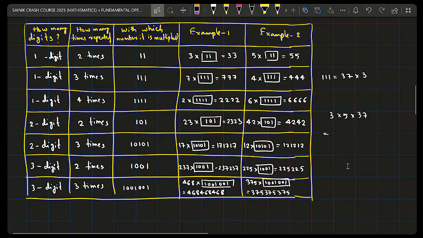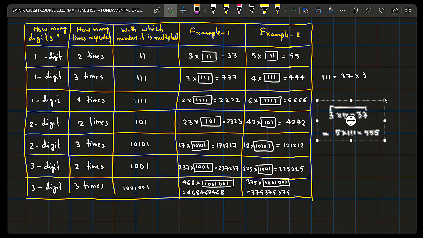I think you did multiplication, but without doing multiplication, just now I told you 3 into 37 is 111. 5 into 111 is 555. Is it very easy? That means the factors are useful or not. Okay, you can mute yourself, Aryan.